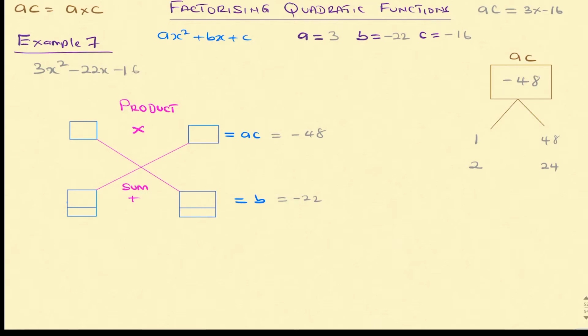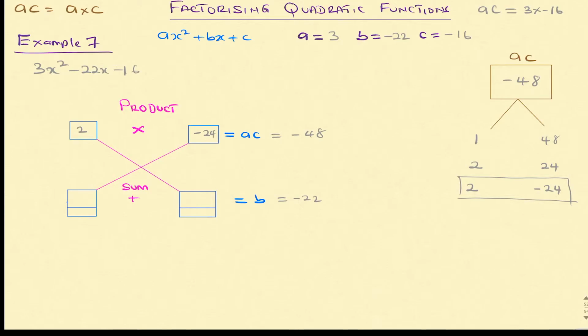What about 2 minus 24? So that will be our numbers, because 2 minus 24 is minus 22. So in the top box we put 2, then minus 24.